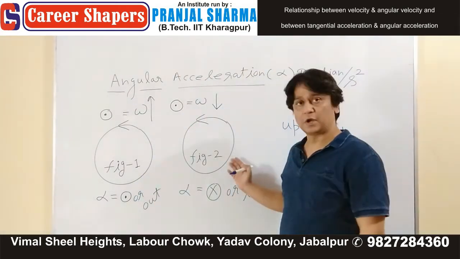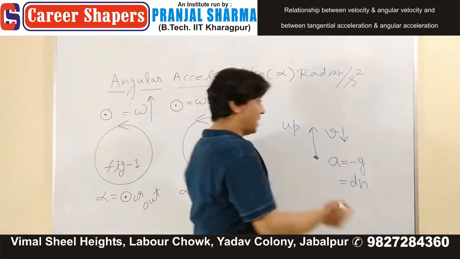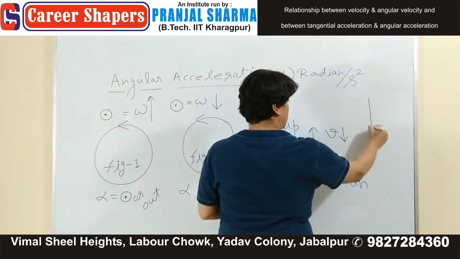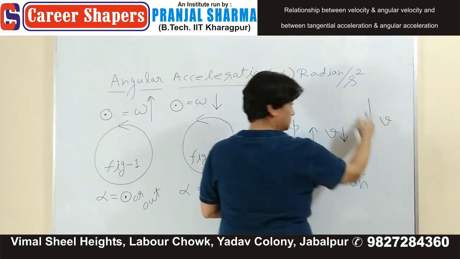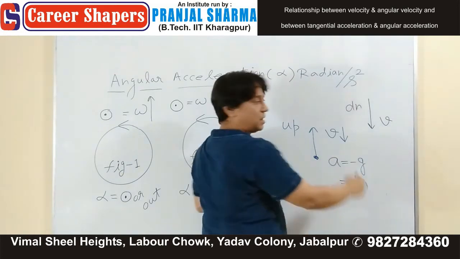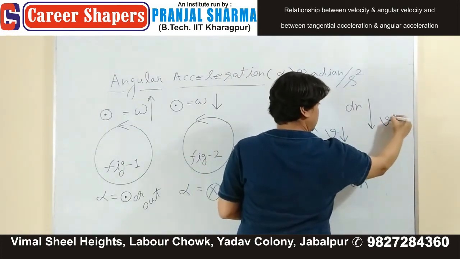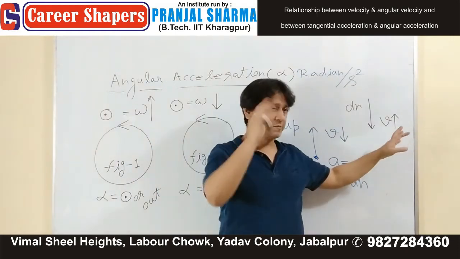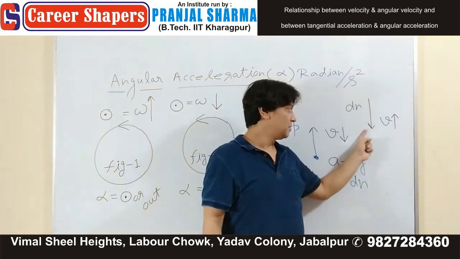वही चीज यहाँ हो रही है. And then the same object, when it comes down, this is the motion, down. As it comes down, v increases. Arrows का मतलब दिमाग में रखना भैया. ये है direction of motion.